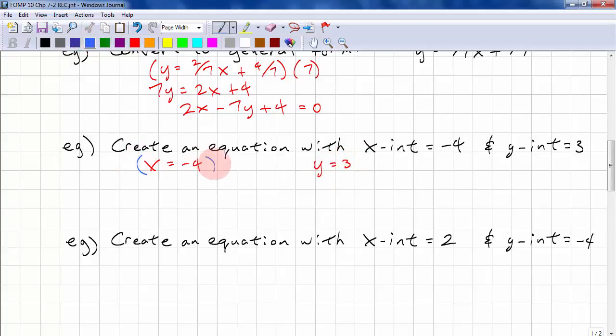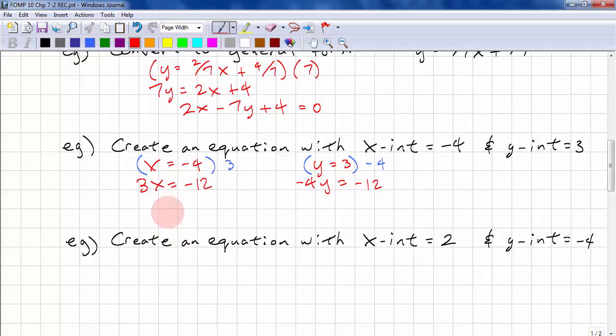We need to multiply this one by 3, and we need to multiply this one by negative 4. So we have 3x equals negative 12, and we have negative 4y equals negative 12.